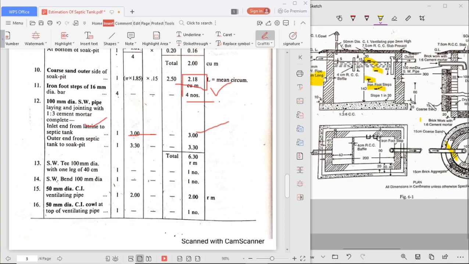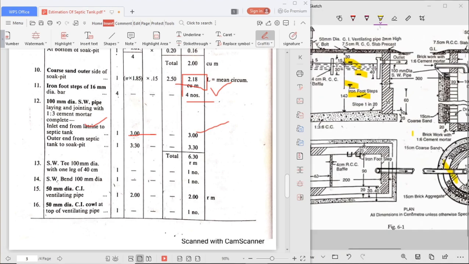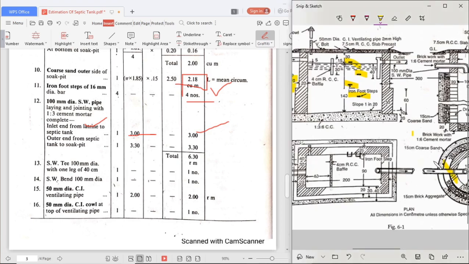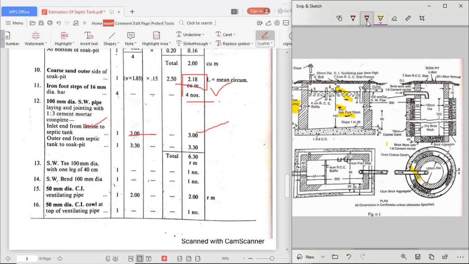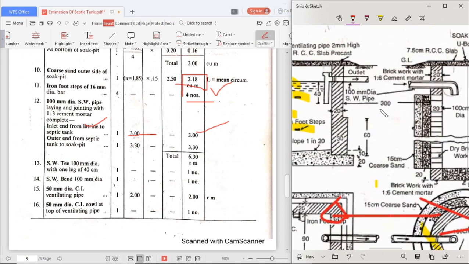Outer end from this septic tank to the soak pit we have to calculate now. So 300 from septic tank to soak pit, it is given as 300 plus for insertion we have to take 15 centimeter both as 30, so 3.30.